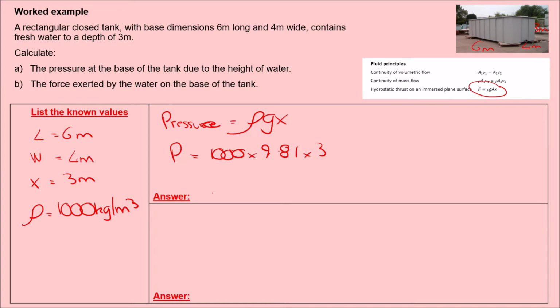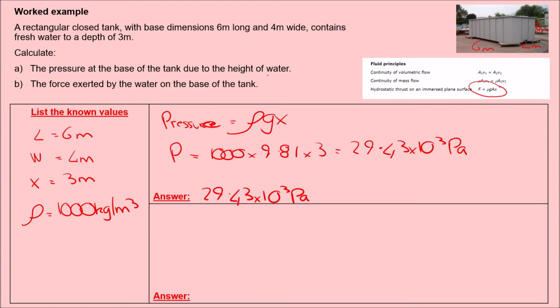Alright, so the pressure is going to equal, I'll give you a sec to pop that in your calculator, if you hit your ENG button, you get 29.43 times 10 to the 3, with units for pressure, pascals. So I'm going to pop that down here, 29.43 times 10 to the 3 pascals.